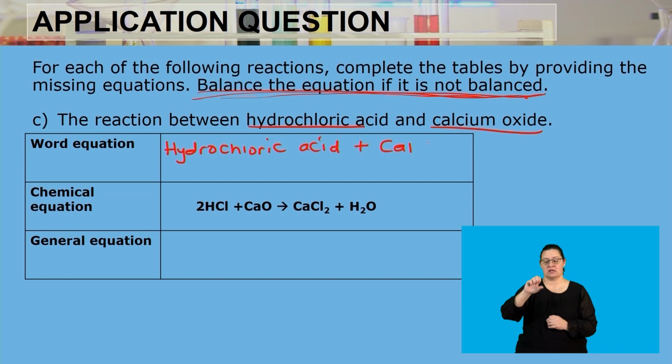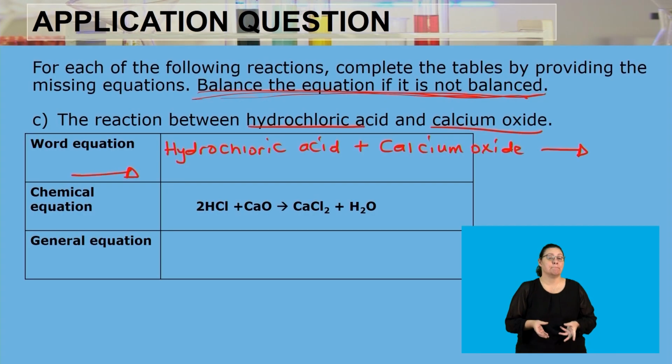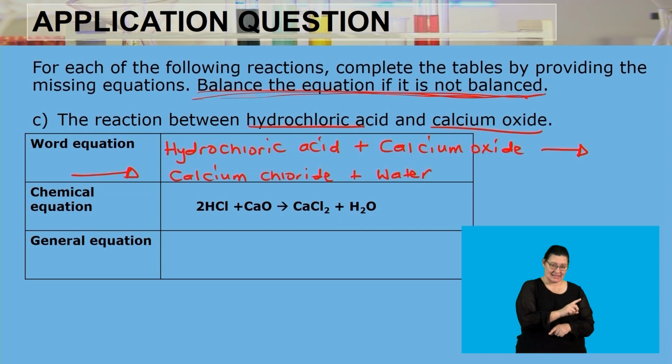They will react to form, because of space, I'm also going to write them at the bottom here, calcium chloride and water. Remember, the name of the salt, the first part comes from the base, being the calcium, and then the second part comes from the acid, the chlorine, which is our chloride.